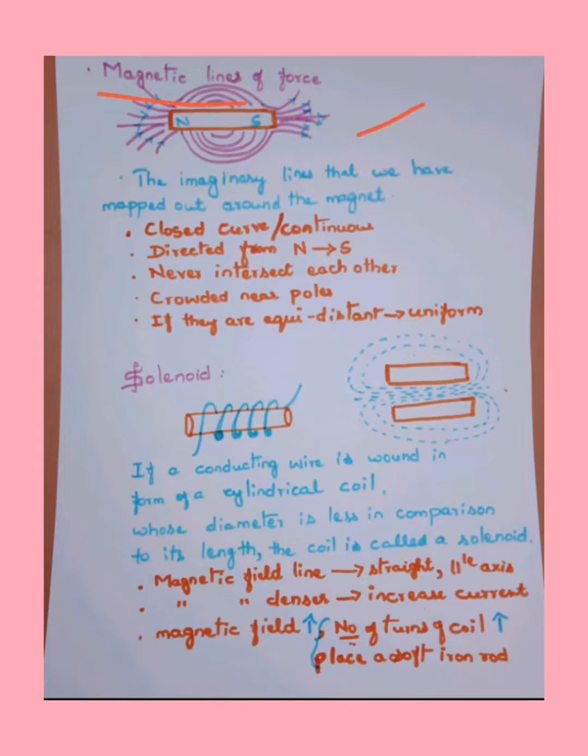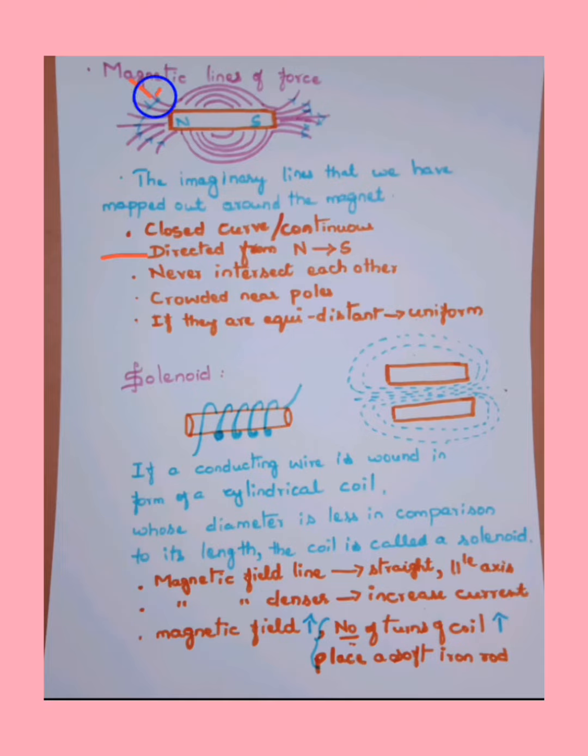Okay, now these lines have some particular properties. They are closed curves, and they are continuous curves also, not like there is a curve and again there is a break. No, they are continuous and closed curves, and they are directed from north to south.